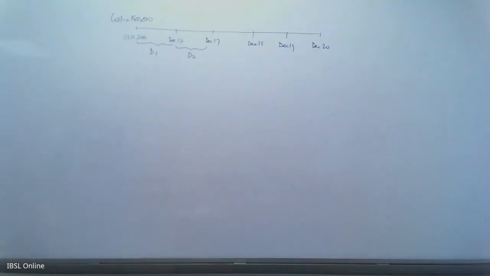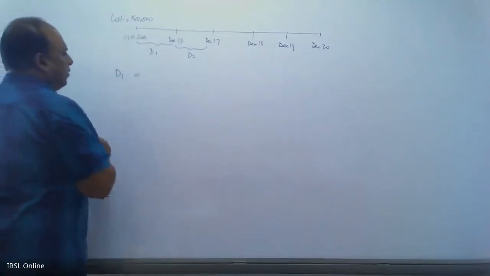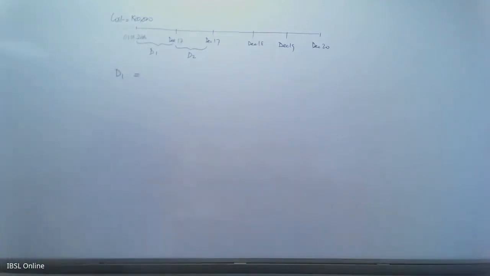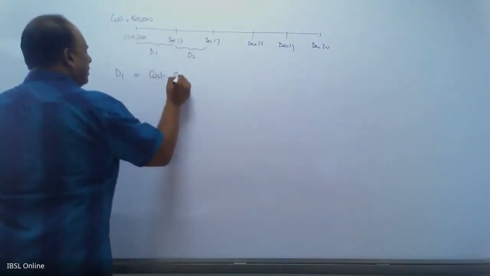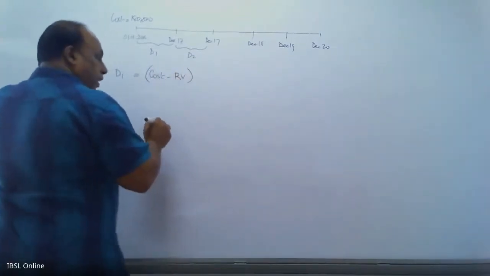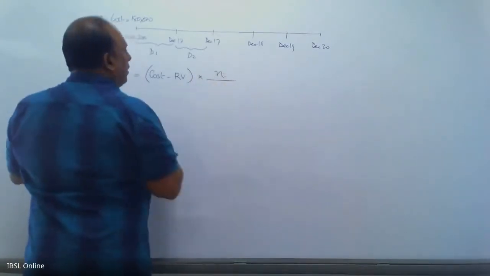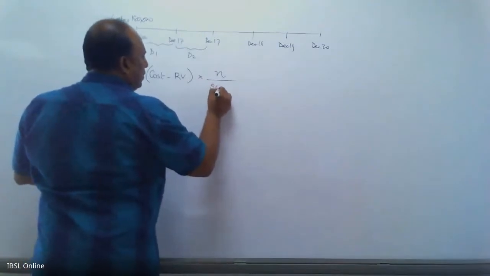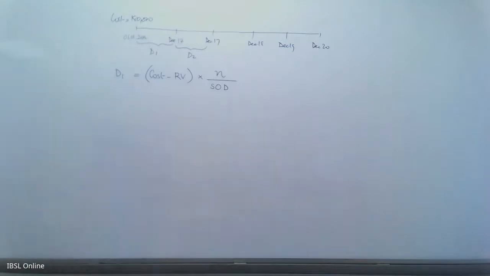How do we apply this? When you try to calculate D1, it will be cost minus residual value into n divided by sum of digits, which is the number that you have calculated.